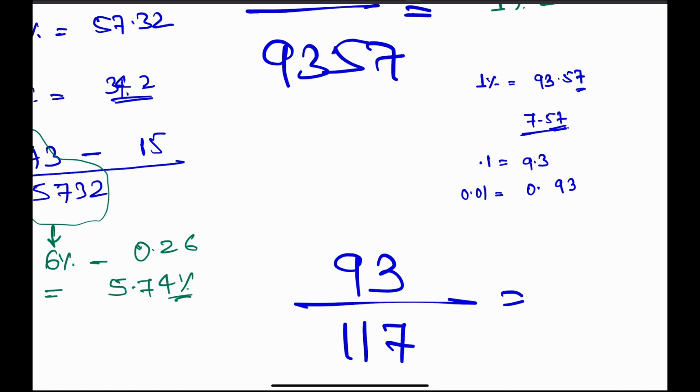What will be the nearest value? 0.07. 6.5 approximately 1, so 8 also if we take, then I don't think it will be wrong. 0.08.